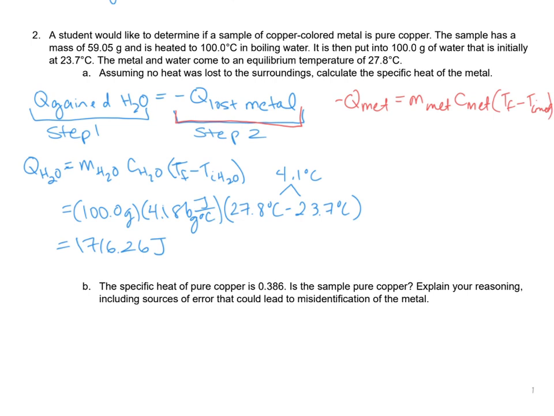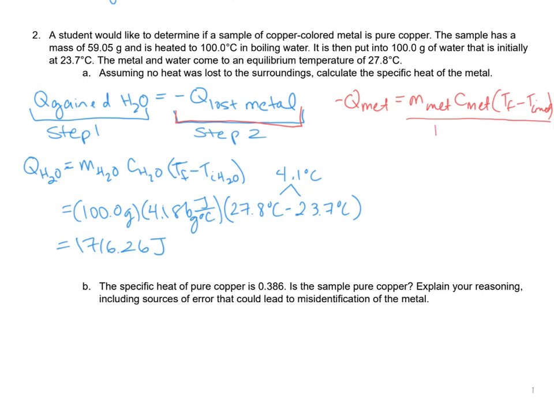You have a couple options here. If you don't like to rearrange equations, you can just plug in all your numbers. I do prefer my equations rearranged, so I'm going to divide both sides by the mass of the metal and the temperature change so that I can get the equation to equal specific heat.